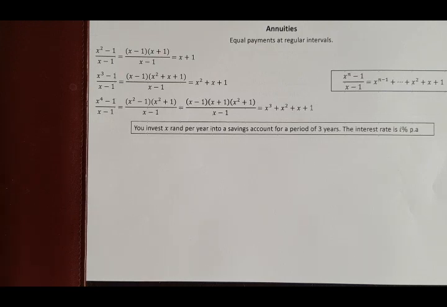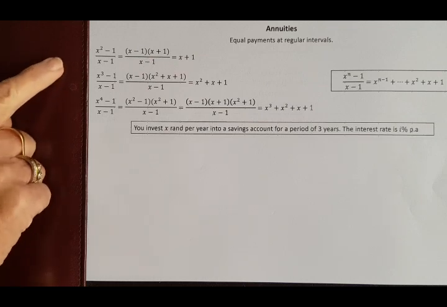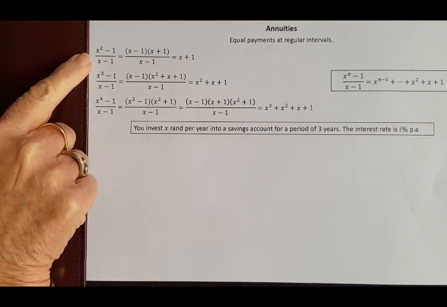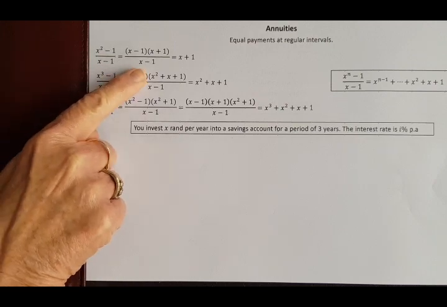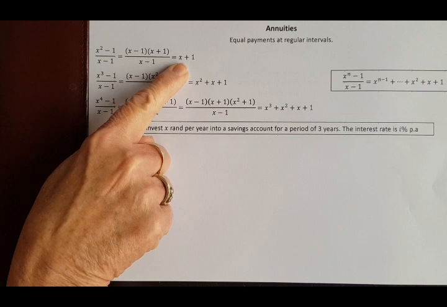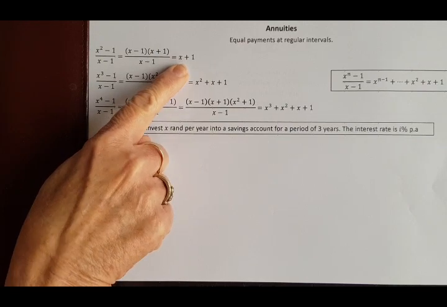Now, before we actually get into the idea of an annuity, I just want you to have a look at this little bit of algebra. Look at the pattern. If I take x squared minus 1 divided by x minus 1, factorize, cancel, my answer becomes x plus 1.